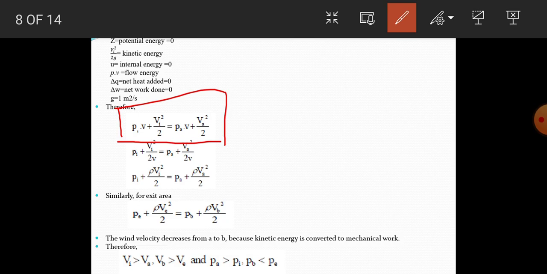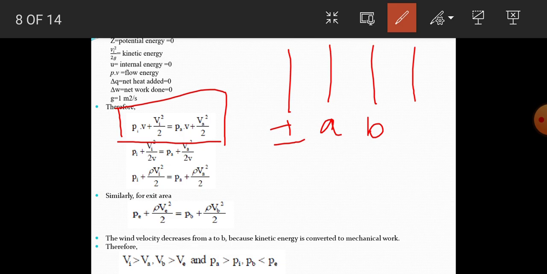As we have discussed, there will be a total of 4 planes, that is inlet, A, B, and exit, that is outlet. So here we are considering a total of 4 planes, and here we are considering this first plane.